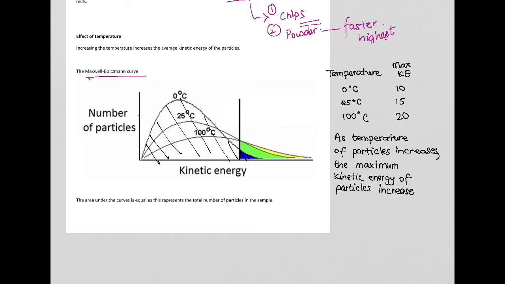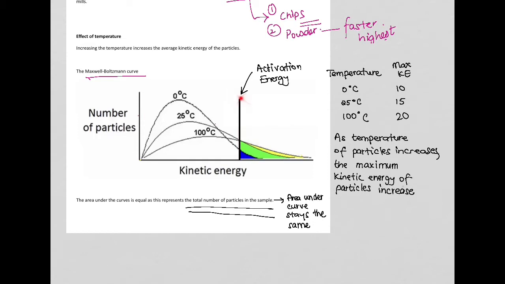So the area under the 0 degrees curve, the 25 degrees curve, and the 100 degrees curve should be the same. The area under the curves actually represents the total number of particles in the sample. So the total number of particles in the sample stays the same, and the area under the curve should stay the same.